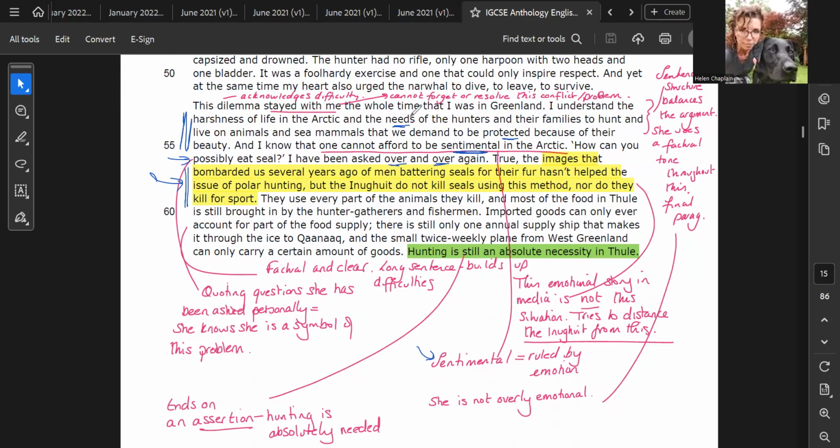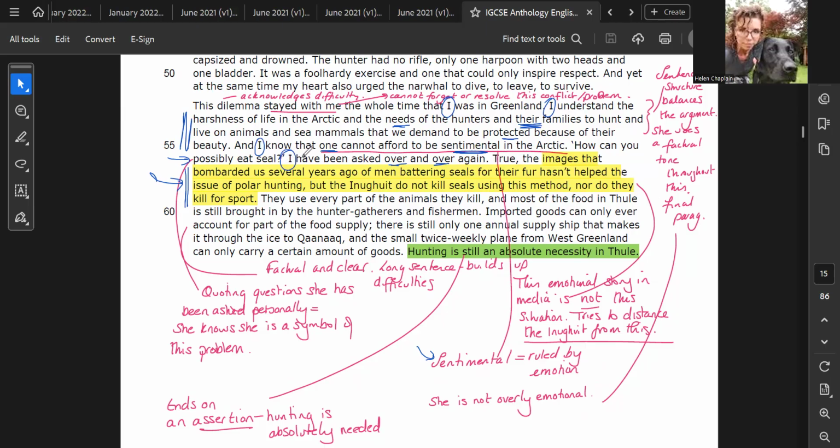If you look at her use of pronouns here, it's interesting that she says, I understand hunters and their families. She's not saying, hunters and our families. So she's not directly aligning herself with the Inuit anymore. She says, I know that one cannot afford to be sentimental.